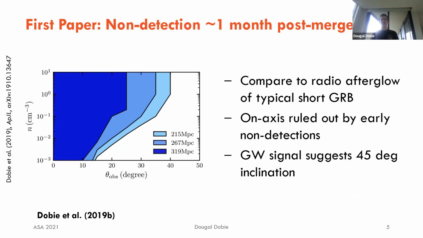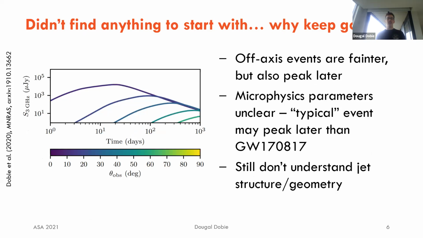And our results weren't overly constraining, but we were able to rule out the merger as being on axis. So the plot there shows the shaded region is the parameter space that we can rule out. So we basically say it wasn't less than 10 degrees fairly comprehensively. The gravitational wave data, again, full parameter estimates released months after this, suggest that the merger inclination angle was about 45 degrees. So our results are in fairly good agreement.